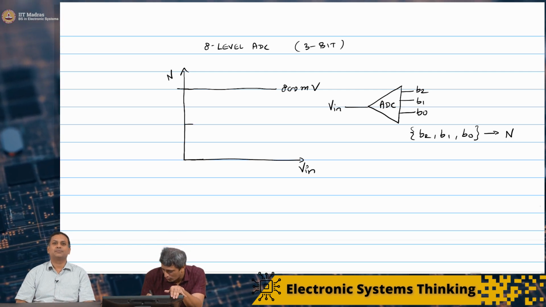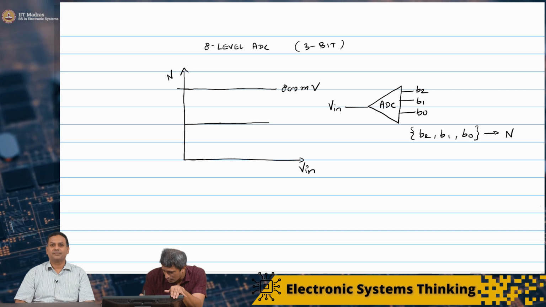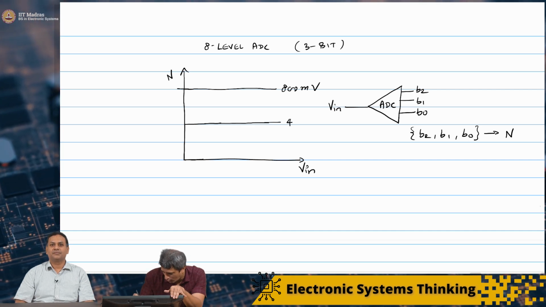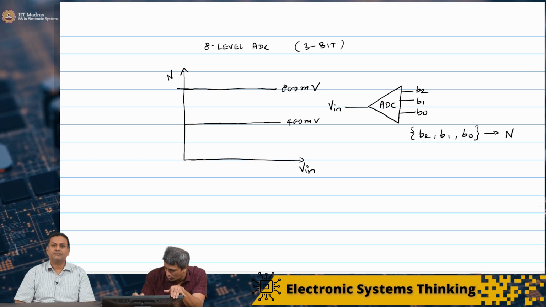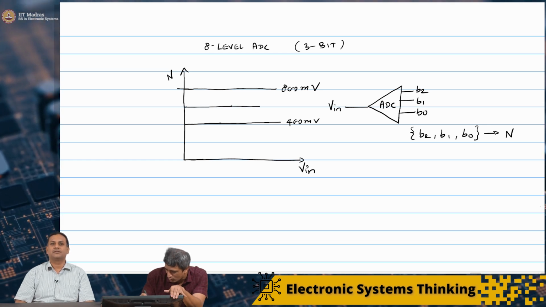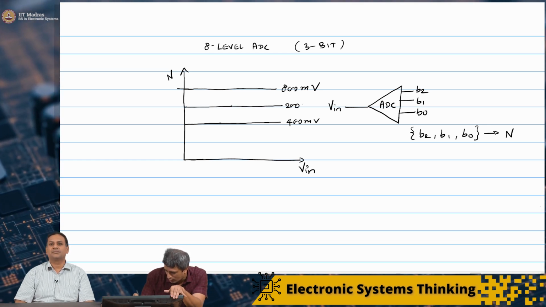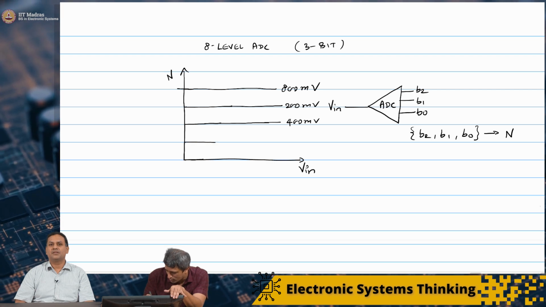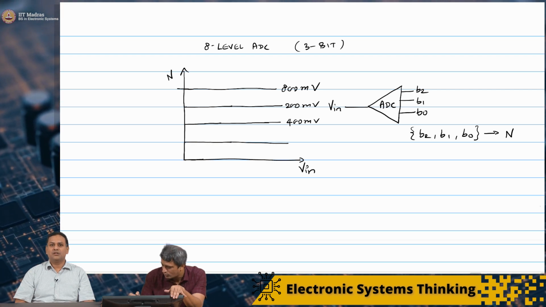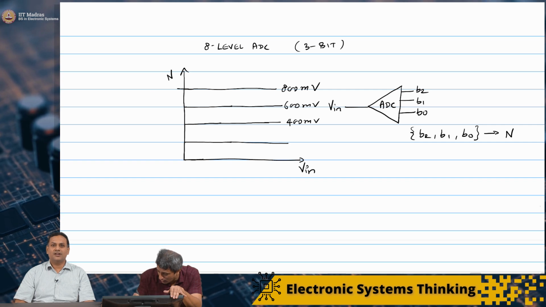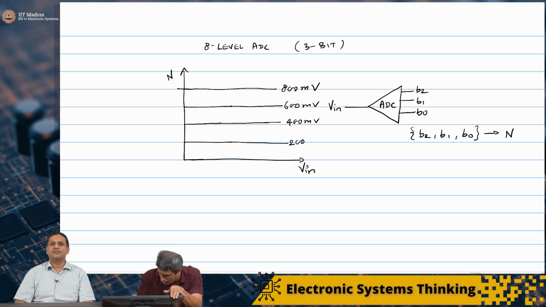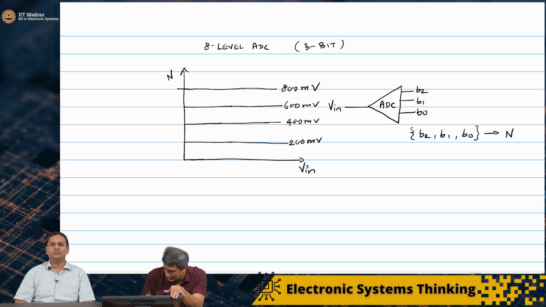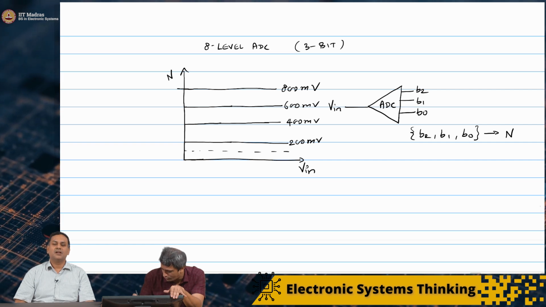So effectively I will get 400 millivolt, 600, 200, and then I have the half further, 100 millivolt.